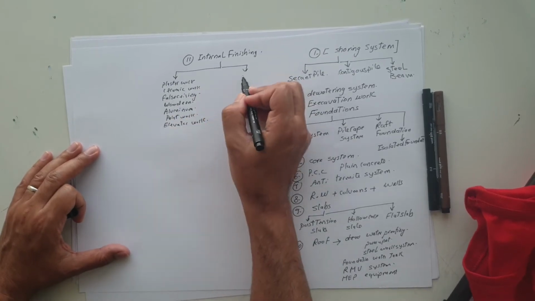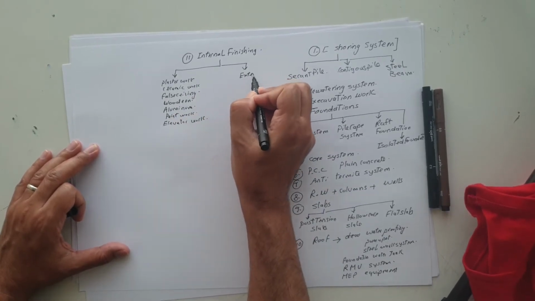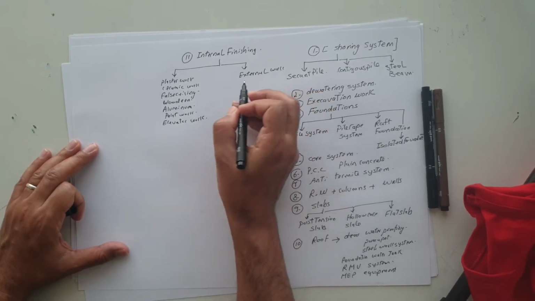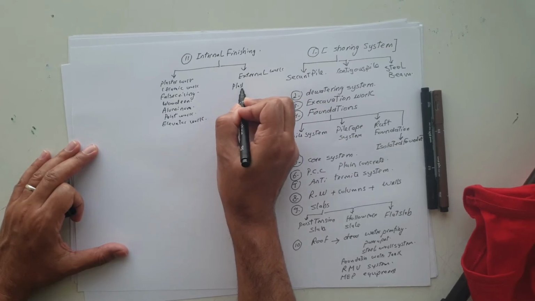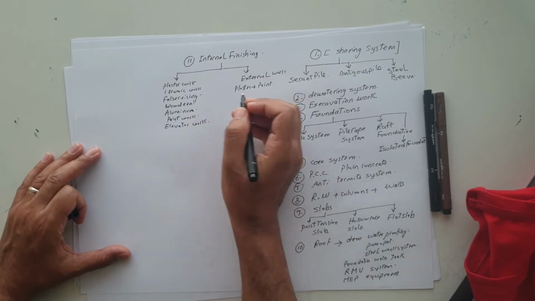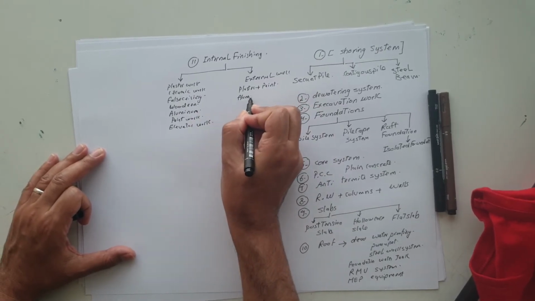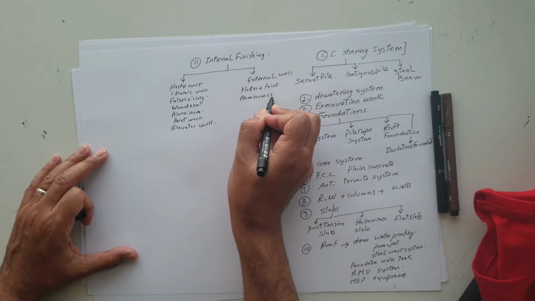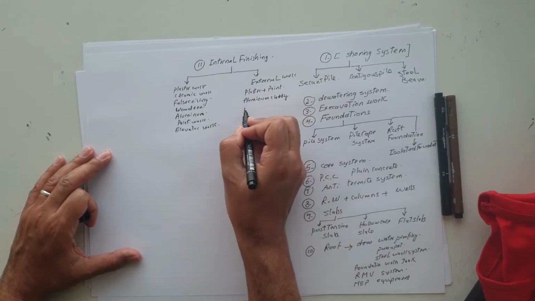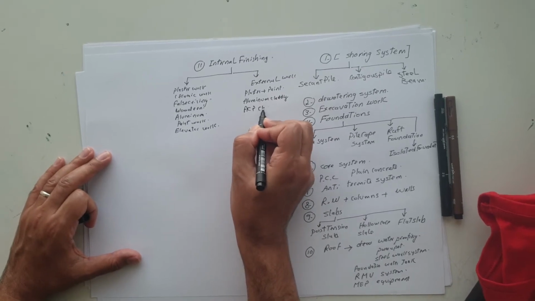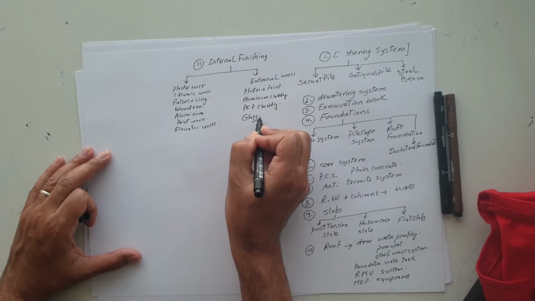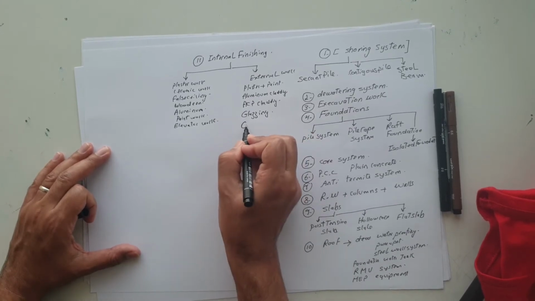This is for internal. For external, we'll talk about plaster and paint also, aluminum cladding, RMU, ECB cladding, glazing work, and GRC system.